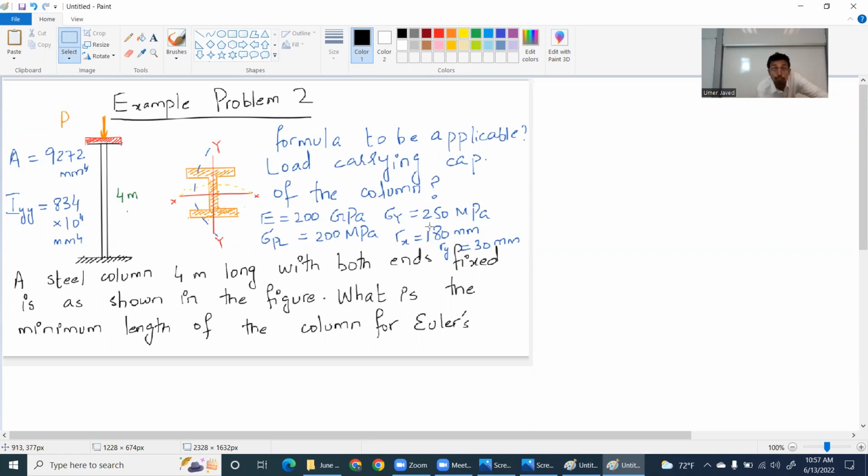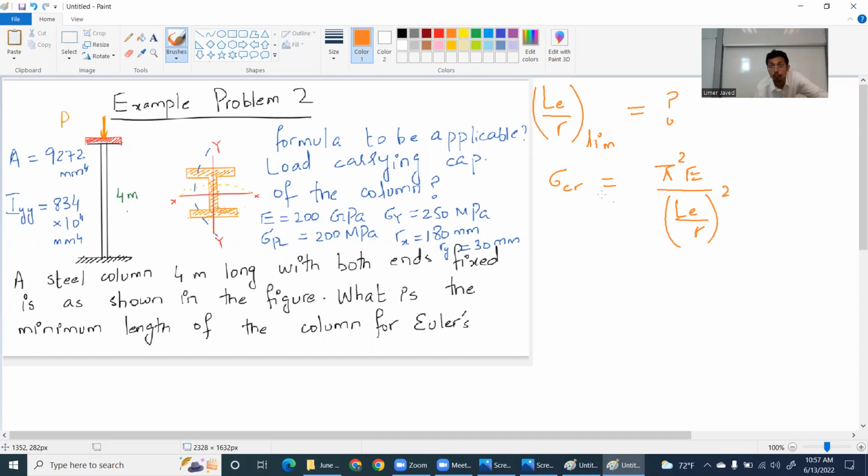Number one thing is that you have to find LE over R limit, right? So let's do it. LE over R limiting equals question mark. You substitute the value of, for example, between proportional and yield. My suggestion is go for the proportional limit value. Substitute sigma critical is equal to pi square E over LE over R square.